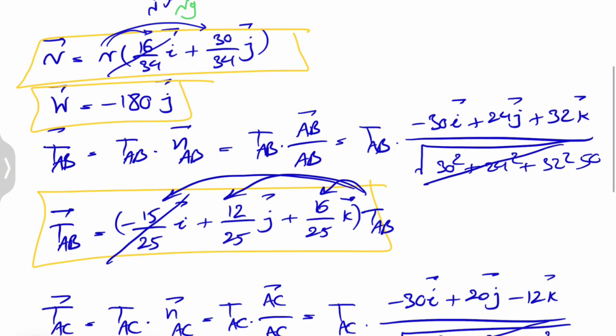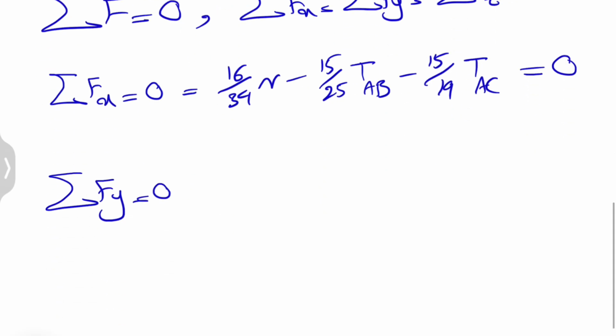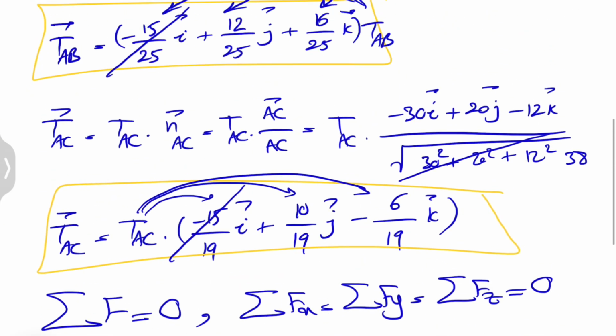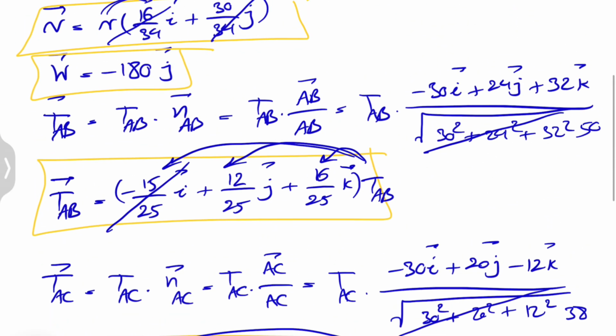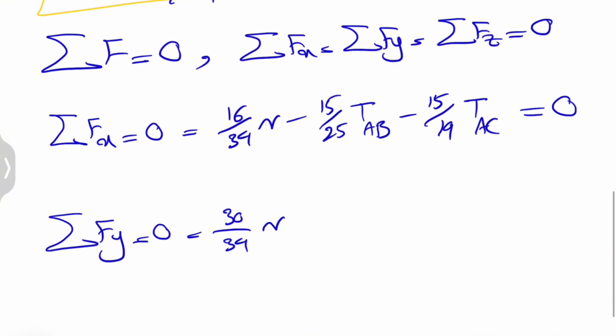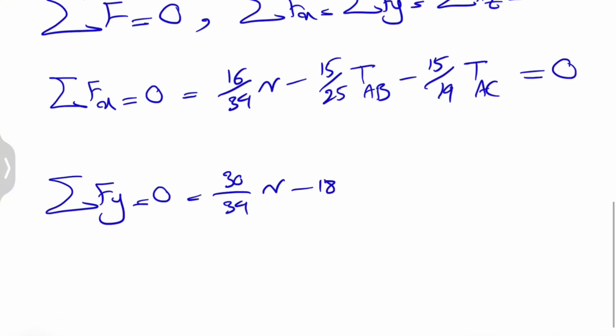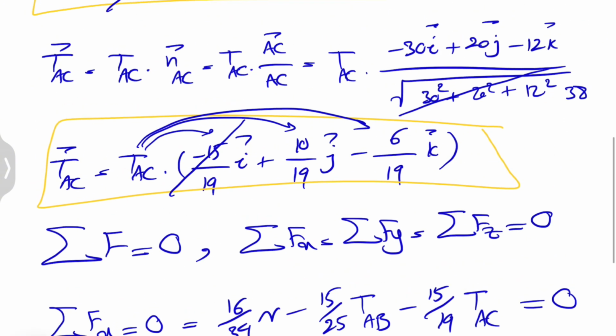So n also has y components, so 30 over 34 n. We have the weight in W, which is 180, and it has a negative sign, minus 180.